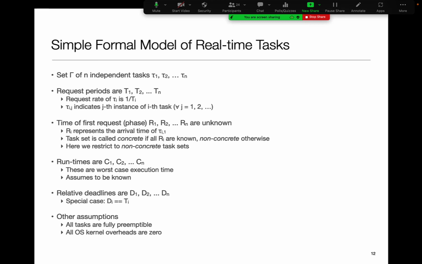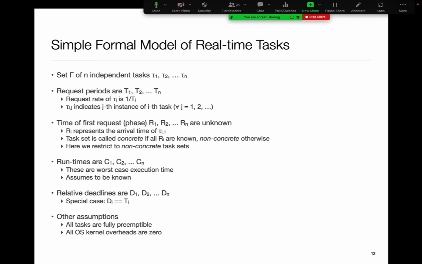Then the third bullet is: the system starts up, and then after a while the first copy of task 1 will come, and the first copy of task 2, and so on. And in general, the first copy of the ith task and the first copy of the jth task may not arrive at the same time or even in the same order across different runs of the system, because these tasks are potentially coming from outside. They may be coming from the network and all.